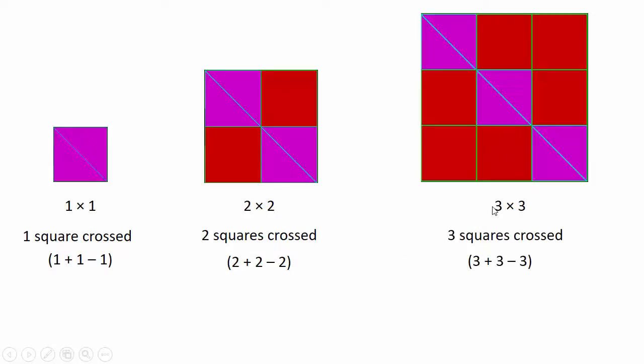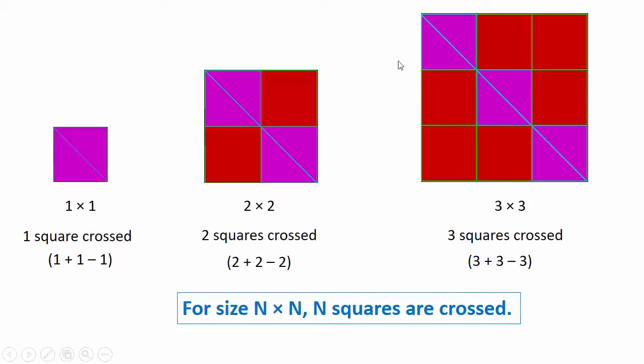A larger one, 3 by 3, 3 rows, 3 columns, 3 squares crossed, 3 plus 3 minus 3. So we can generalize. If we have a square, in other words where the number of rows is the same as the number of columns, an n by n, then we know that there are n squares crossed.